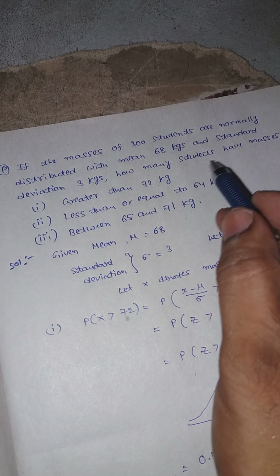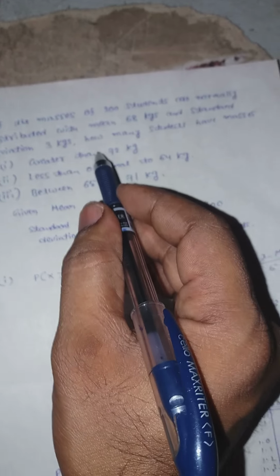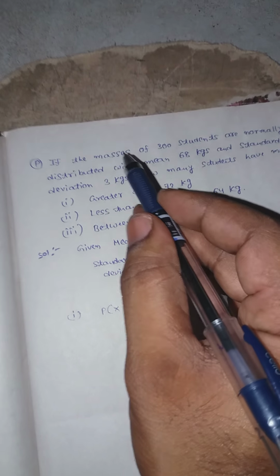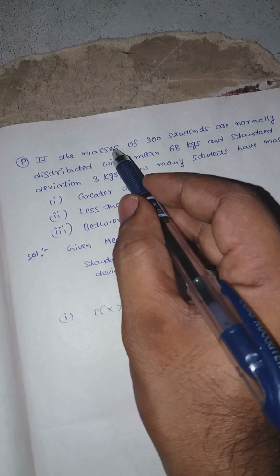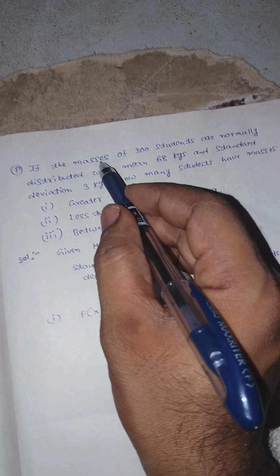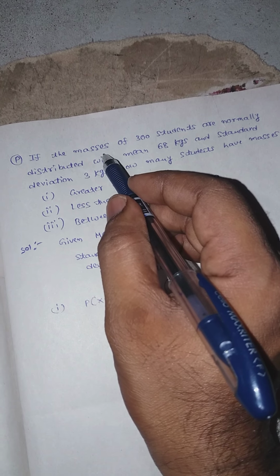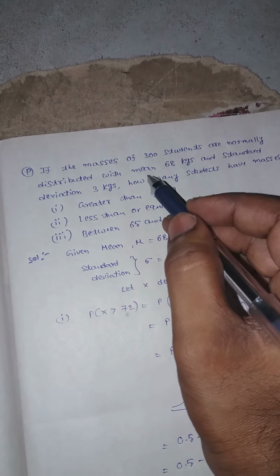By looking at the term normally distributed, we can easily identify this problem belongs to normal distribution. Also, masses are related to both integers and fractional values, and if fractional values are included, the related random variable is a continuous random variable.